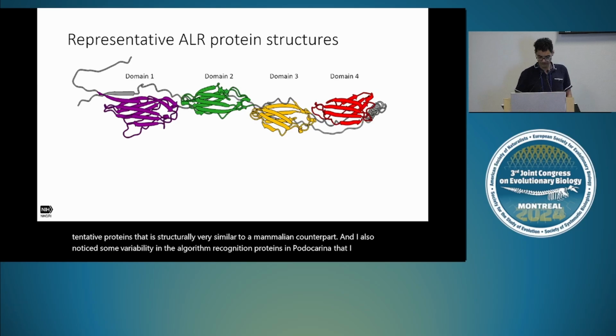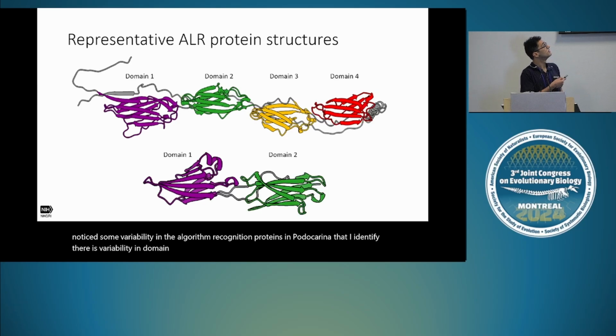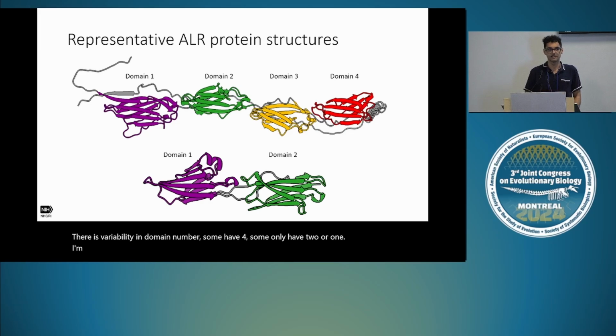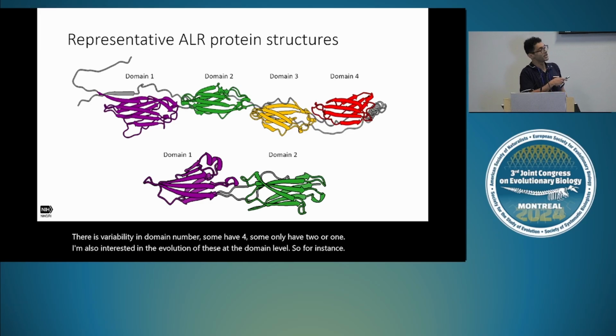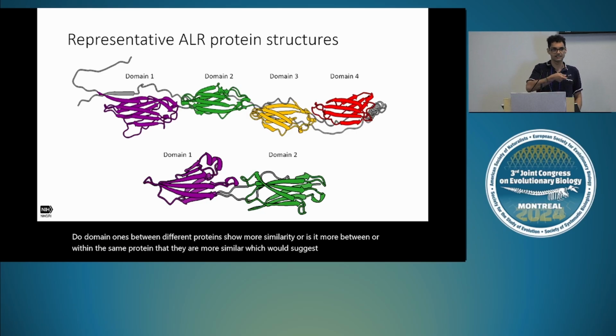There is variability in domain number. Some have 4, some only have 2 or 1. I'm also interested in the evolution of these at the domain level. So for instance, do domain 1s between different proteins show more similarity, or is it more within the same protein that they are more similar, which would suggest more internal tandem duplication events?